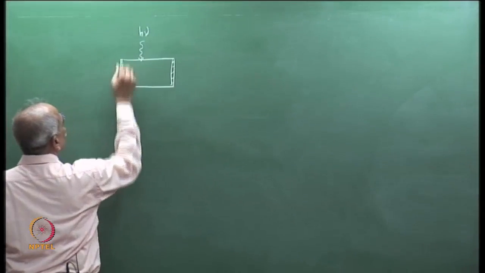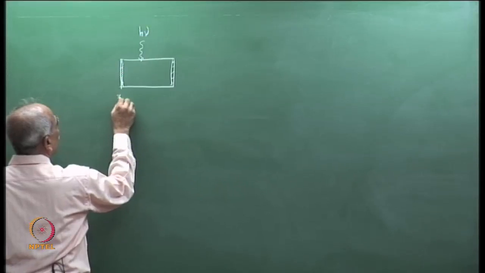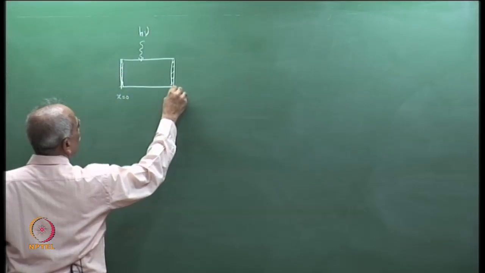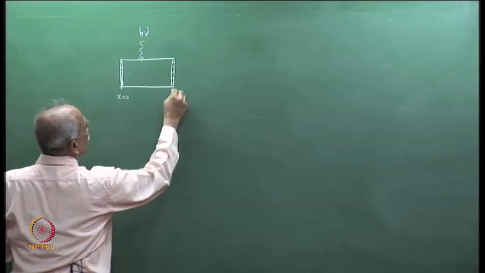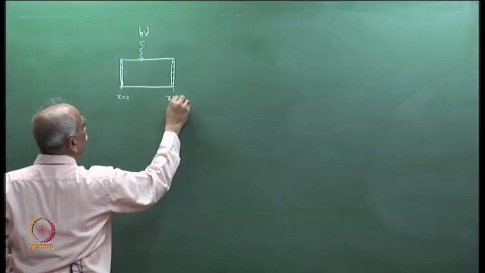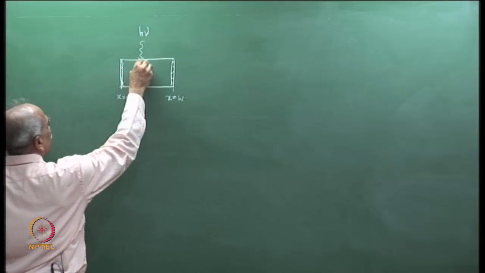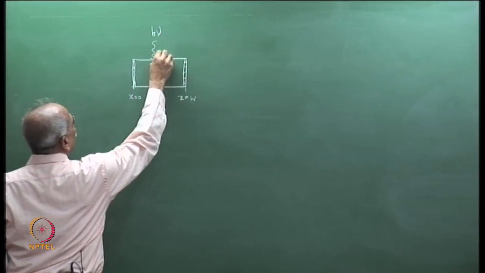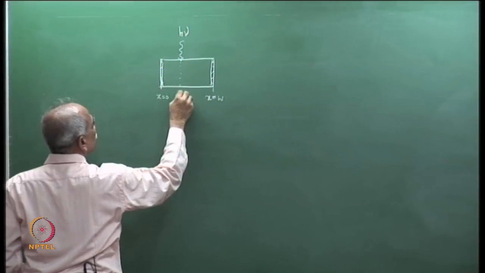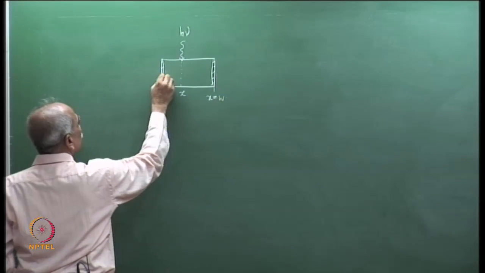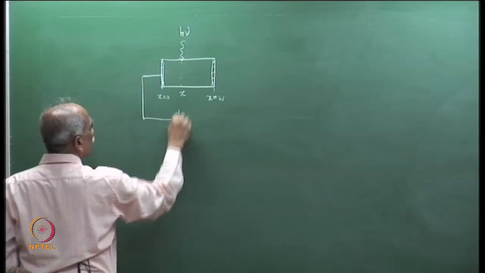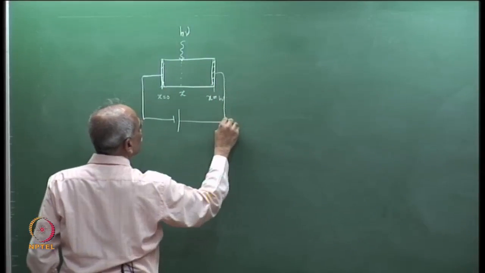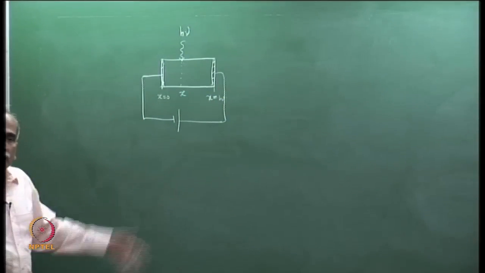Let this direction be x equal to 0 and the width of the detector be x equal to w. So, this is incident at some value of x, and we have a supply which is connected to sweep the generated carriers.